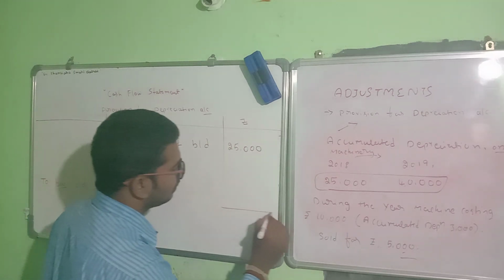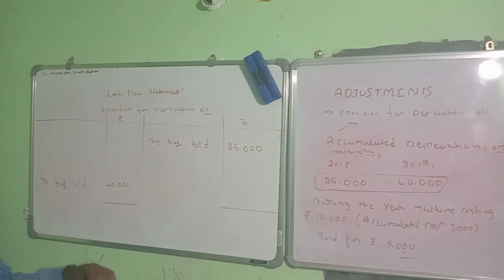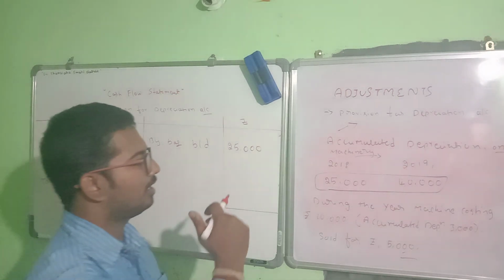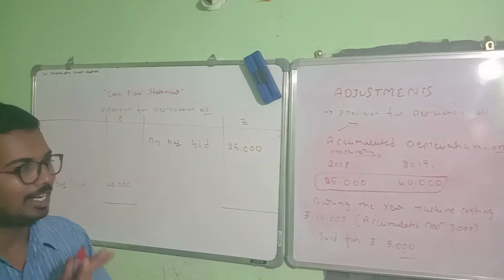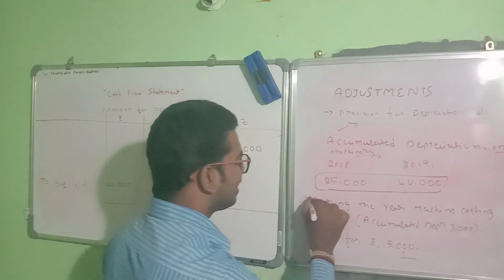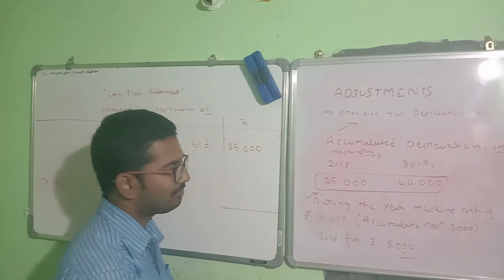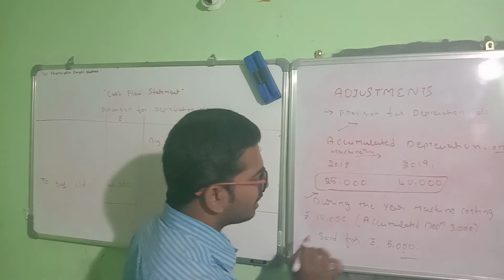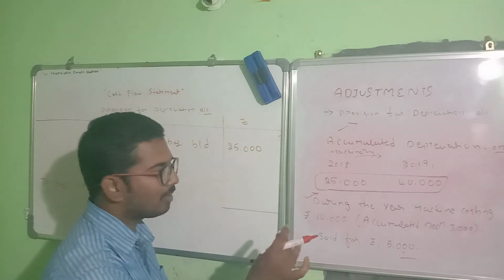40,000. So what are the transactions that mostly hit any provision for depreciation account or accumulated depreciation account? First step, we should take the opening and closing values and look into the information they have given. If they have given information related to sale of the machinery, only then you should identify the accumulated depreciation.